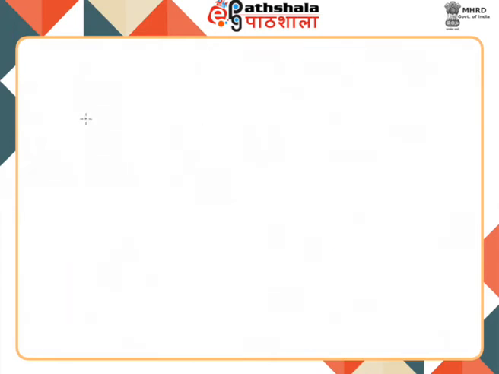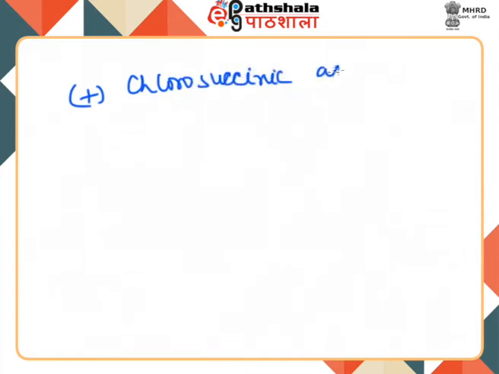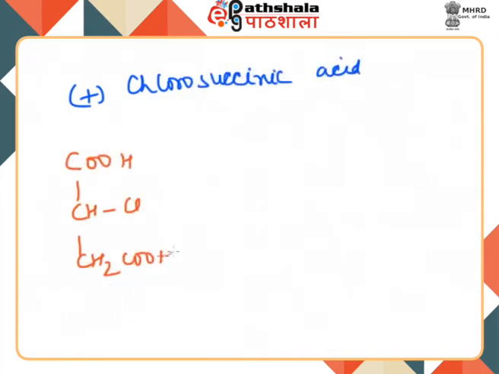Another example let us take is the hydrolysis of (+) chlorosuccinic acid. Now here notice that this chlorine, if we want to hydrolyze, that is we want to replace with OH, it can be done with KOH.